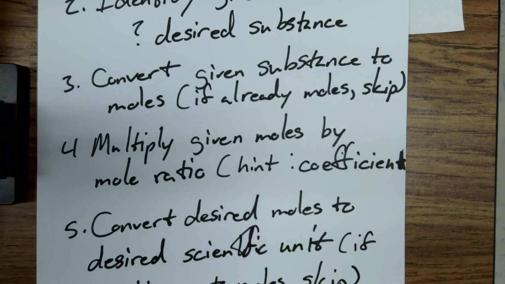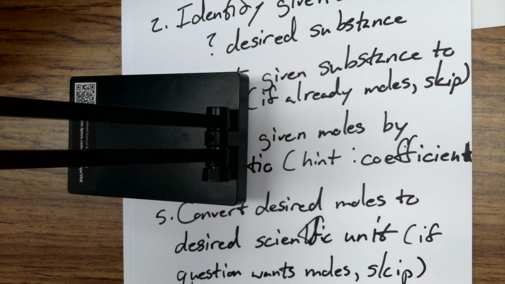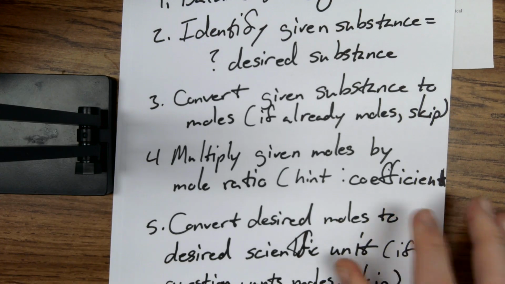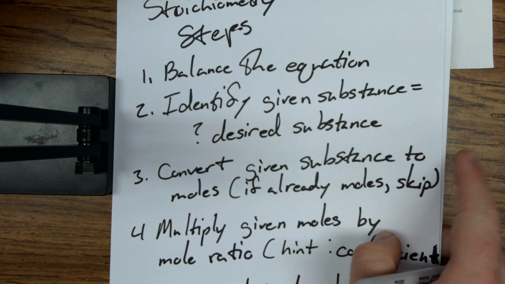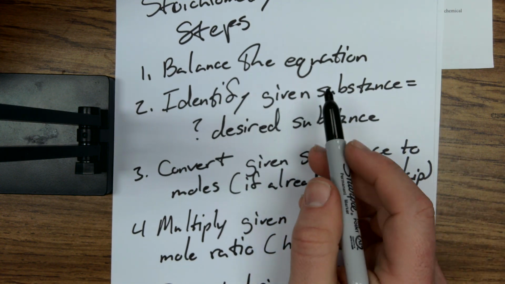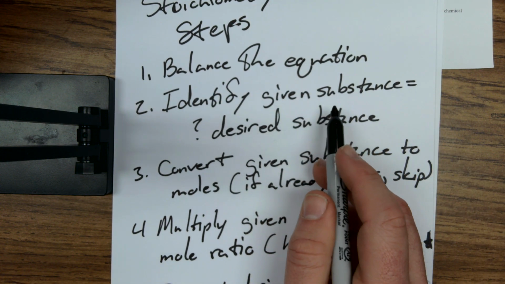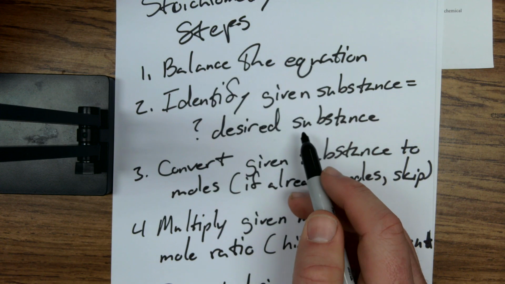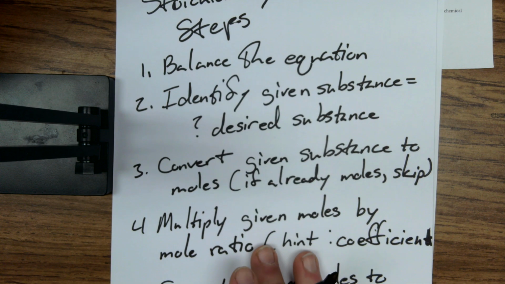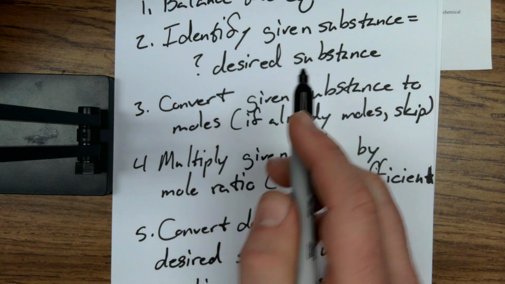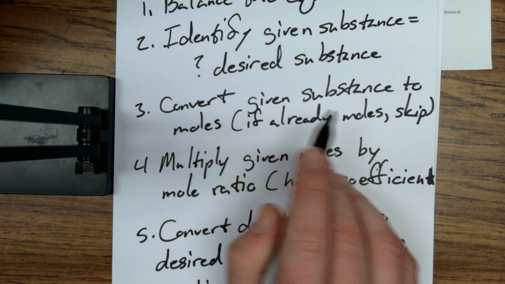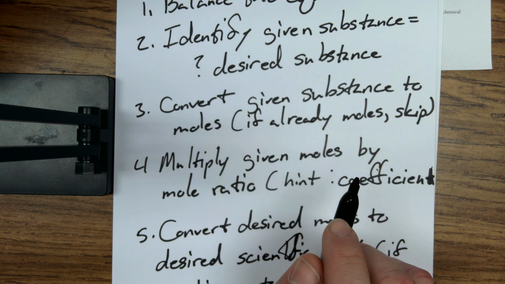These 5 steps is all you need to do. Oh, Lord. I'm sorry. I took the whole thing with me. There we go. Check to make sure your equation is balanced. Identify what you are given. Identify what you want. Convert the given substance to moles. If it's already in moles, you could skip this step.